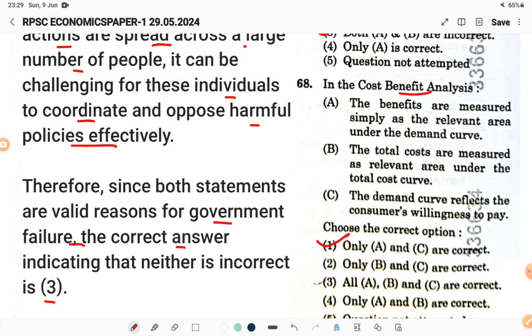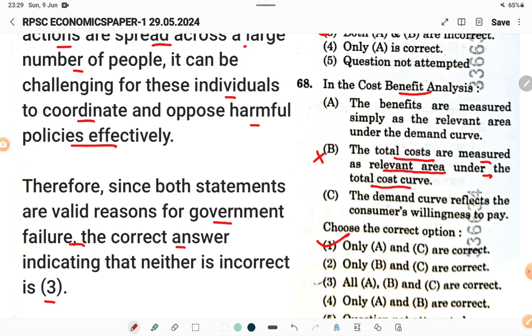And statement B: the total costs are measured as the relevant area under the total cost curve. This is not typically correct. In cost benefit analysis, costs are usually represented by the supply curve or marginal cost curve, not the total cost curve. So this one is the wrong statement here.